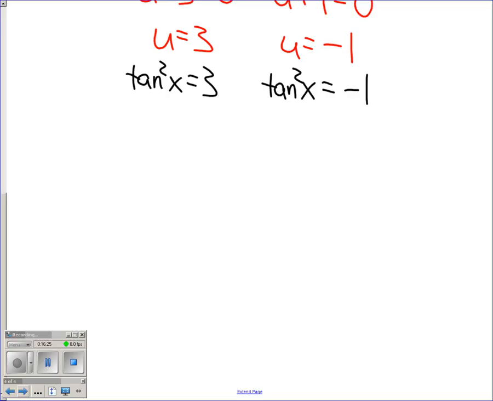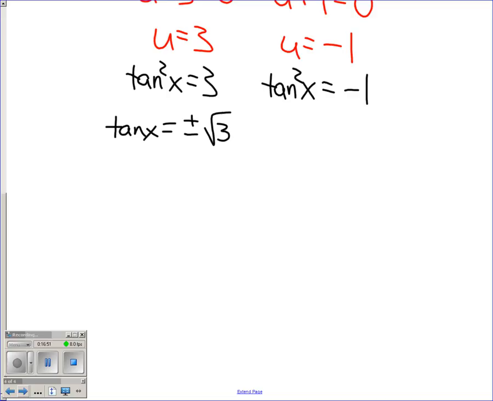Well, tangent squared of x is equal to 3. That means if we take the square root of both sides here, we'll have tangent of x is equal to plus or minus root 3. Now, where do we have a root 3? You may need to go back into sine and cosine values.